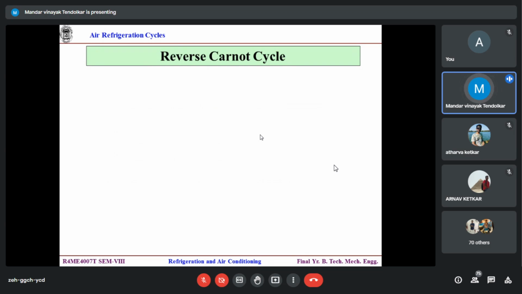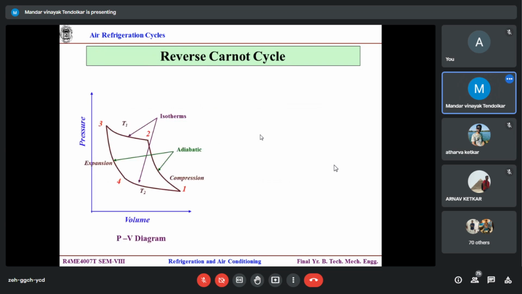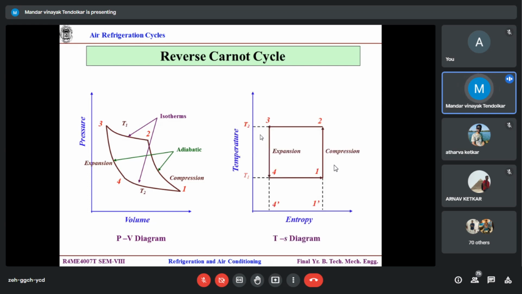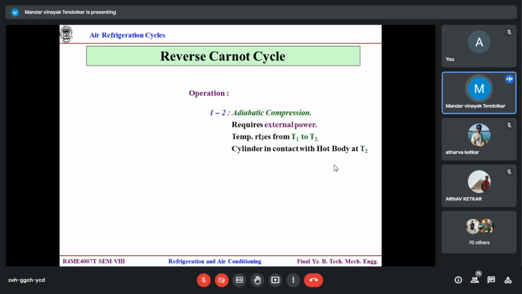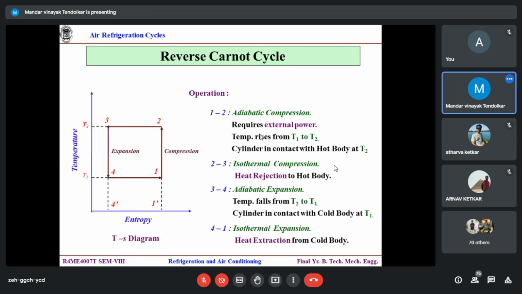Now we enter the reverse Carnot cycle. So this is my Carnot cycle representation on a PV diagram. This is on a TS diagram. I think you are much more comfortable with the TS diagram. So two isothermals, two isentropic, which form a complete square or rectangle, whatever you call it. Correct? Now, 1 to 2 adiabatic compression, a perfectly vertical line.